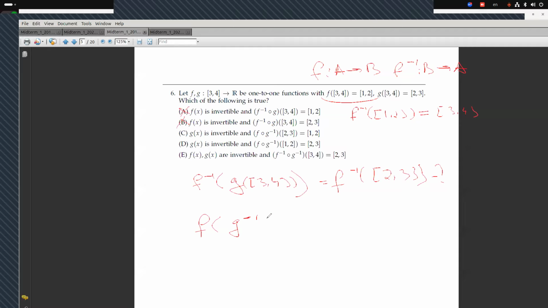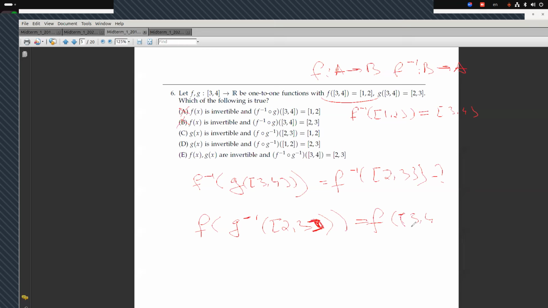So for C, we have here the 2 to 3 interval. What is G minus 1 from 2 to 3? It is 3, 4. Okay, so we have F at 3, 4. What is F(3, 4)? It is 1/2, 1, 2.